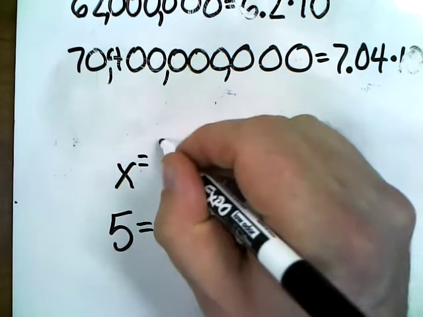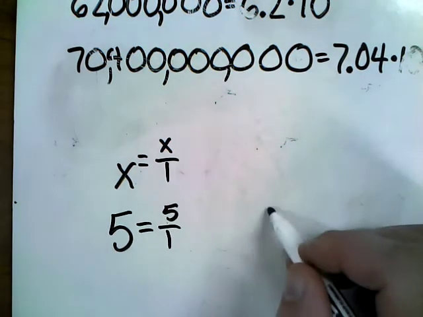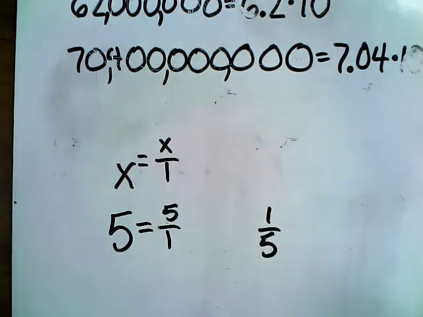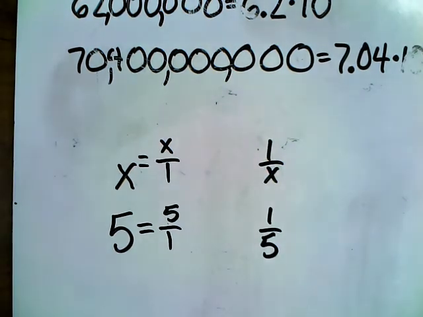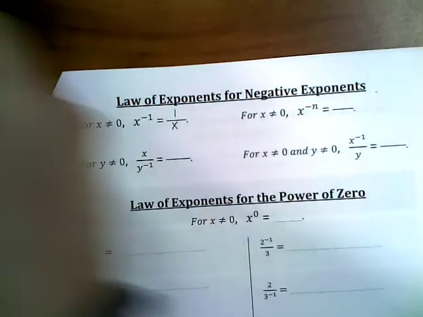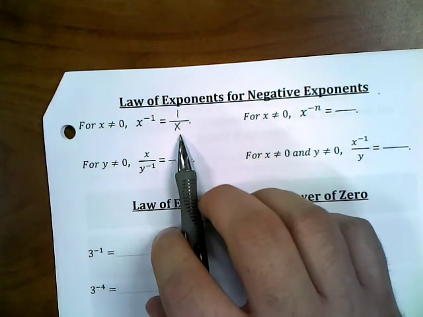You can take x and make it x over 1. So just like the reciprocal then of 5 is 1/5, the reciprocal of x is 1 over x. Which is why our negative first power gets us 1 over x.